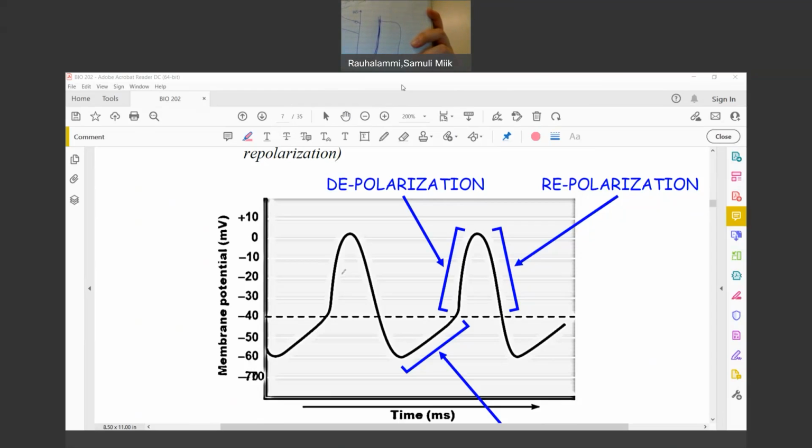So we became depolarized. After that, there was a brief period of plateau during which we have this charge close to 0 or even slightly positive until we repolarize, going back to that negative 70 or even a little bit below that. And that little undershoot gave us that period of time during which another action potential couldn't progress, what we knew as the refractory period.